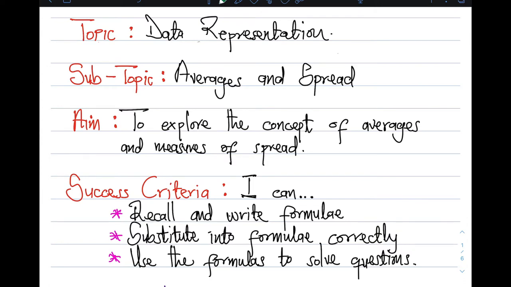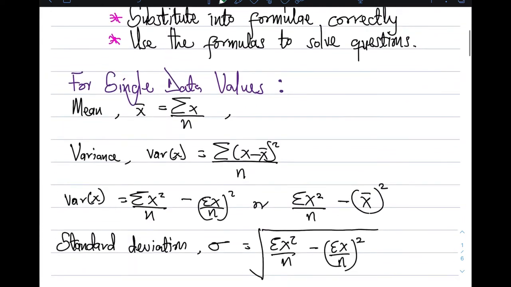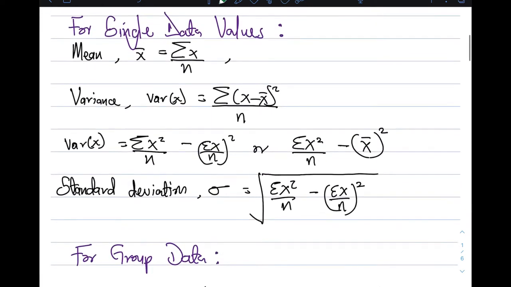Right, so let's get started. In statistics, we have two different sets of data. We have the single data, and then we have what we call the group data. So for single data, what we are talking about is data given individually, or individual sets of observations.